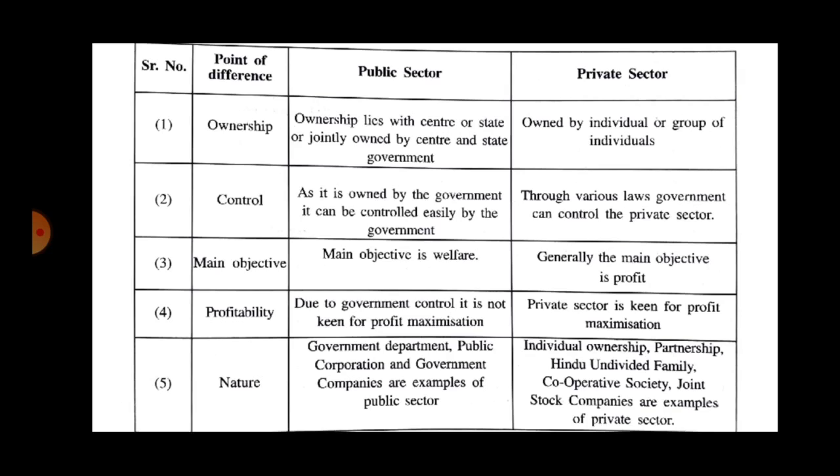And the nature of public sector are government department, public corporation, and government companies. And in private sector there are different types, such as individual ownership, partnership, Hindu undivided family, cooperative society, and joint stock companies. That we will see in detail in other chapters. Here only a brief of this is given.